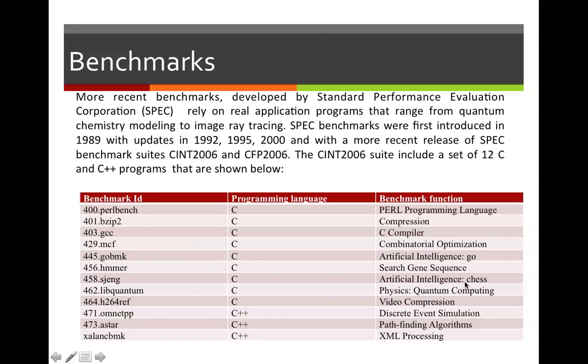And then chess. These are the ones that people use to benchmark machines.